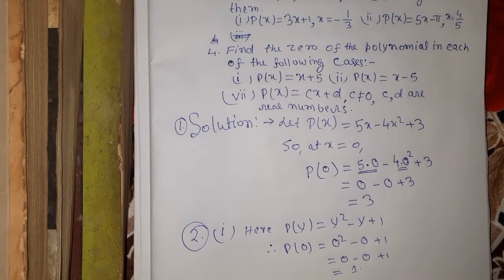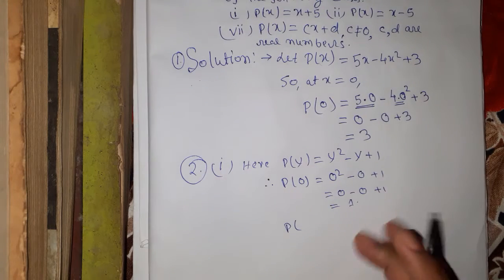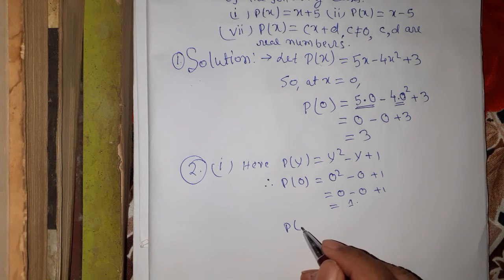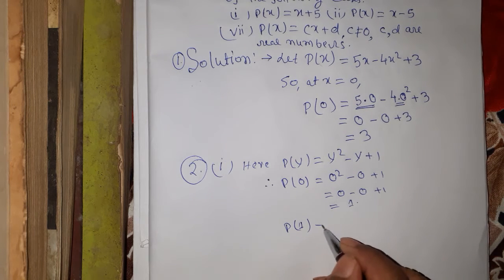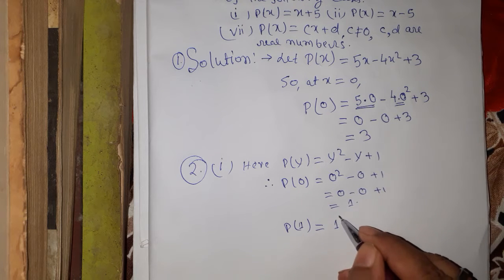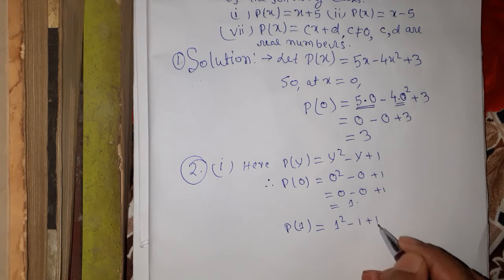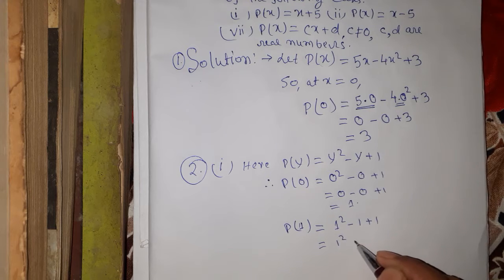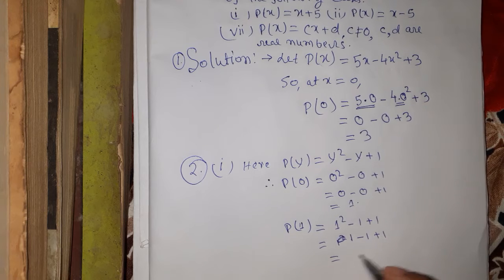In the same way we can evaluate P1 is equal to 1 square minus 1 plus 1 is equal to 1 minus 1 plus 1, this one will be cancelled by this one and the answer will be 1. So P0 is also 1 and P1 is also 1.